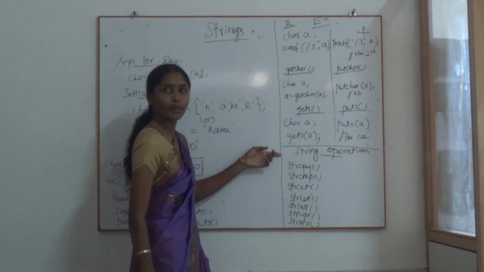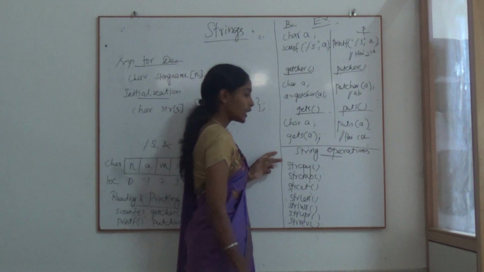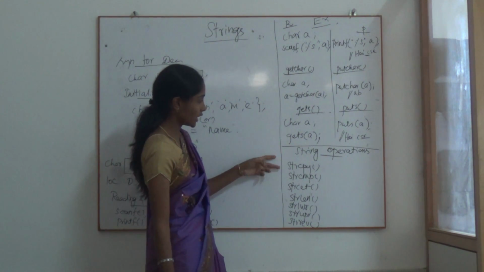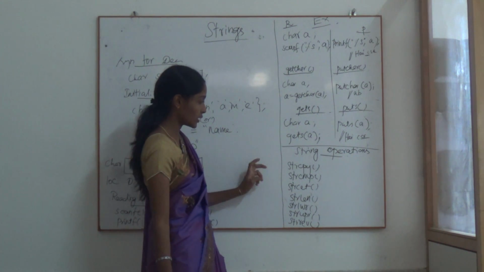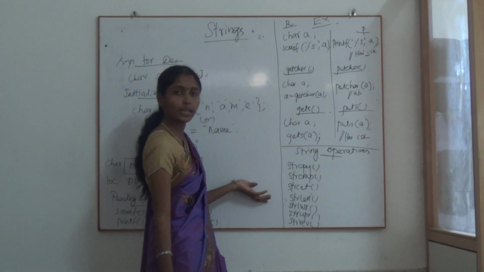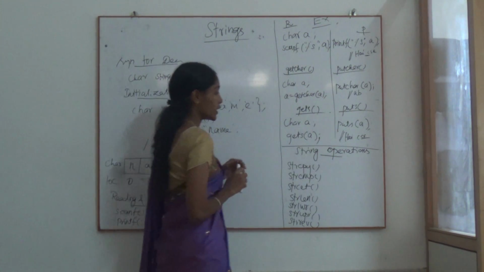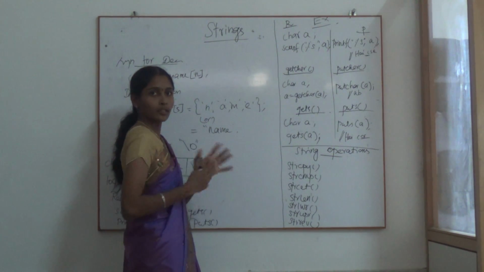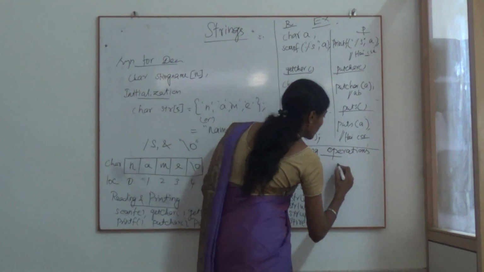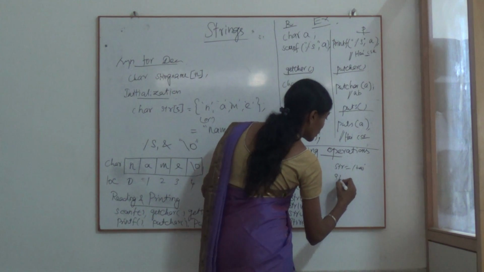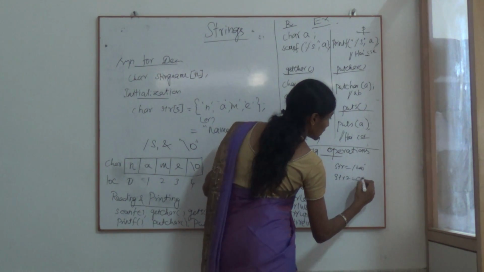Next, string operations. There are many types of string operations available. A few of them are string copy, string compare, string concatenation, string length, string lower, string upper, and string reverse. The first one, string copy, is used to copy one string to another. For example, string 1 equal to hi and string 2 equal to csv.